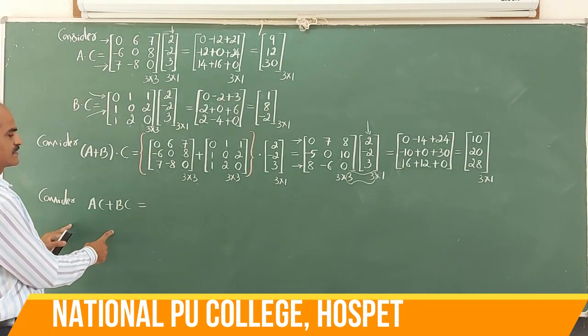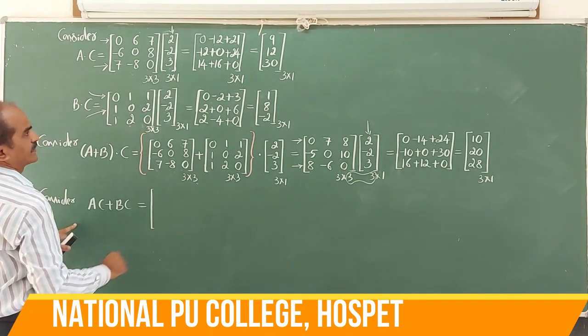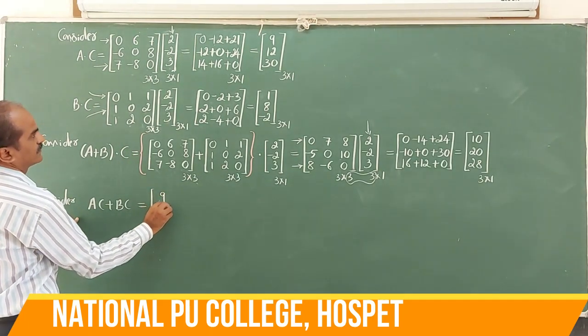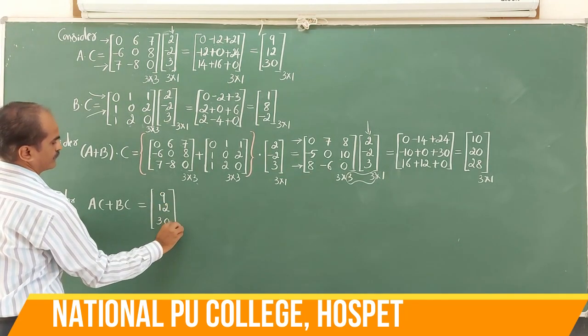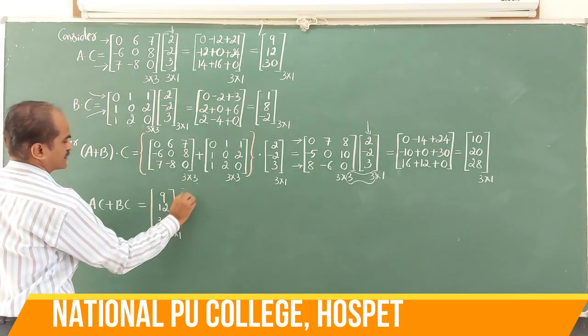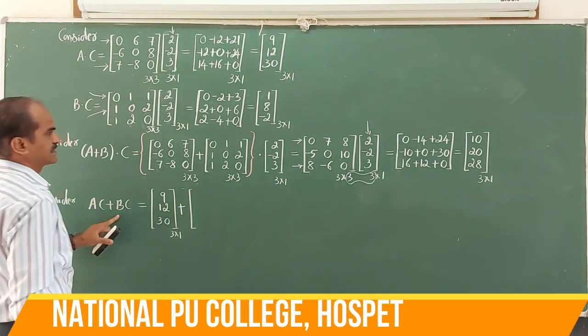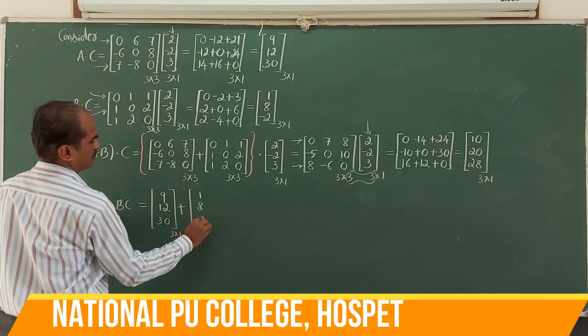Now let me consider AC plus BC. We determined already the AC matrix, a column matrix, 9, 12, 30. It is a 3 by 1 matrix. Plus, now the BC matrix. It is also 3 by 1, a column matrix, 1, 8, minus 2.